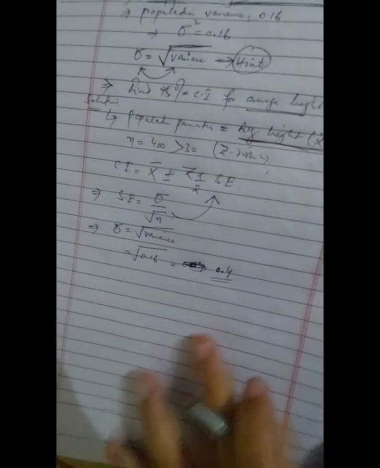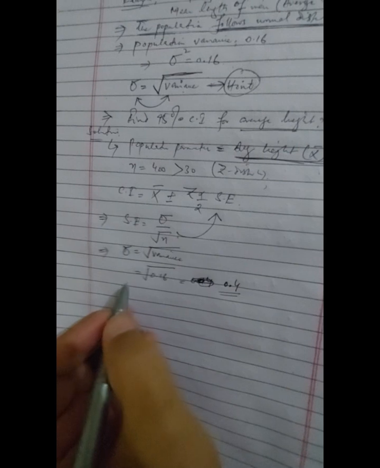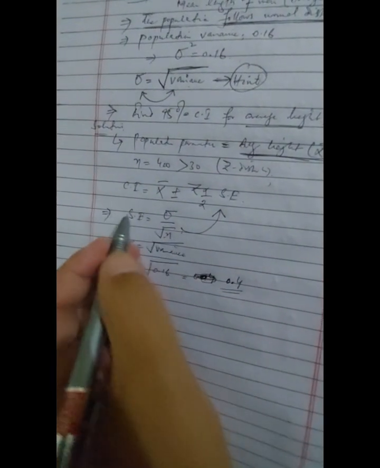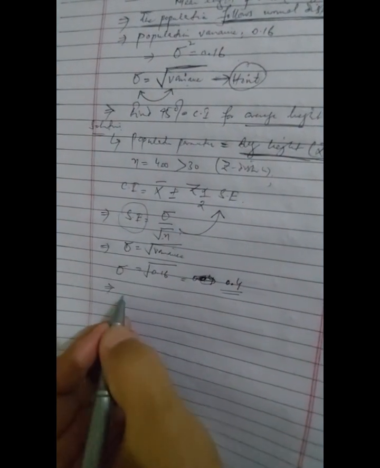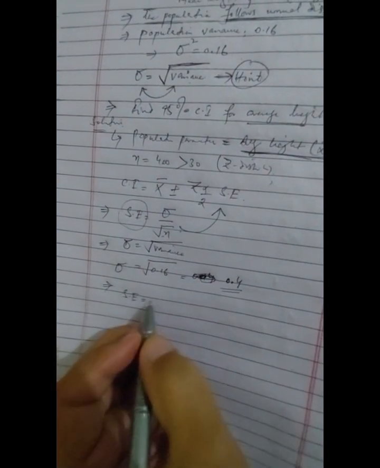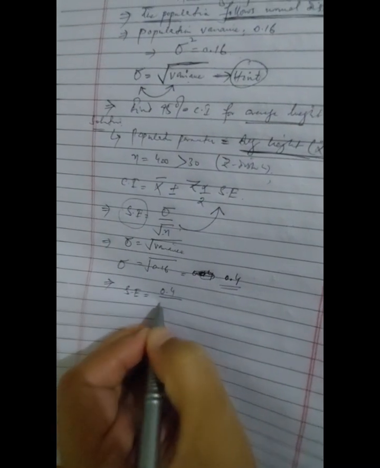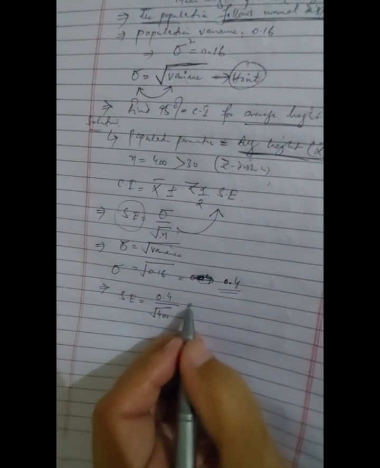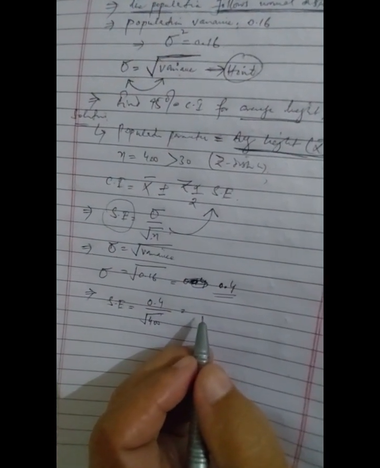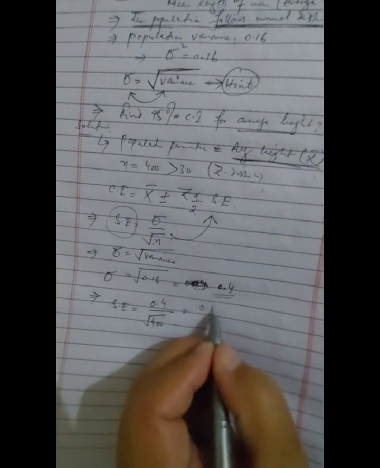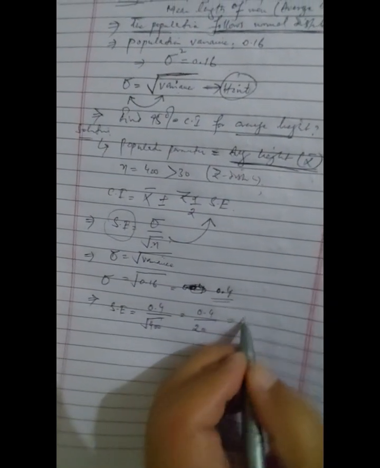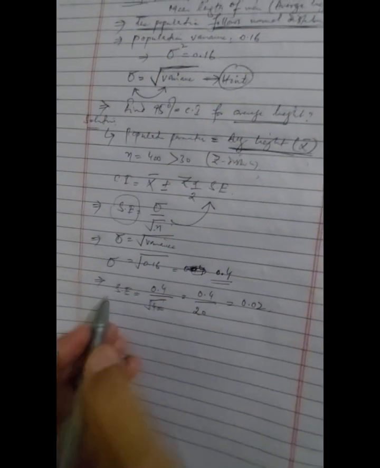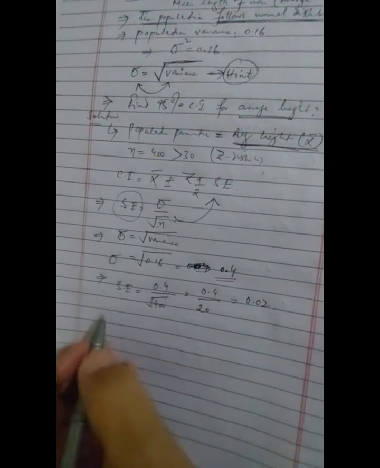It is the standard deviation value. Now we have the standard deviation and we have n, so we can find the standard error. So SE is equal to 0.4 divided by under the root 400. Under the root 400 will give you a value of 20. So 0.4 divided by 20 gives you a value of 0.02. So the standard error is 0.02.